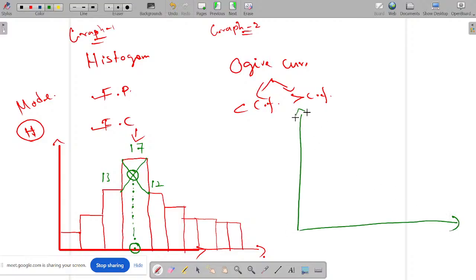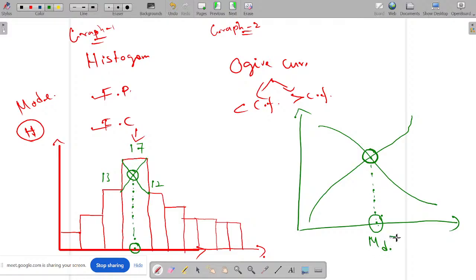Ogive curve. So you might have got a curve like this way and another curve like this way, right? Less than ogive and greater than ogive. Where the two ogive curves meet, from there you drop a line to the x-axis and this will give you the median value. You might have got somewhere closer to 45.